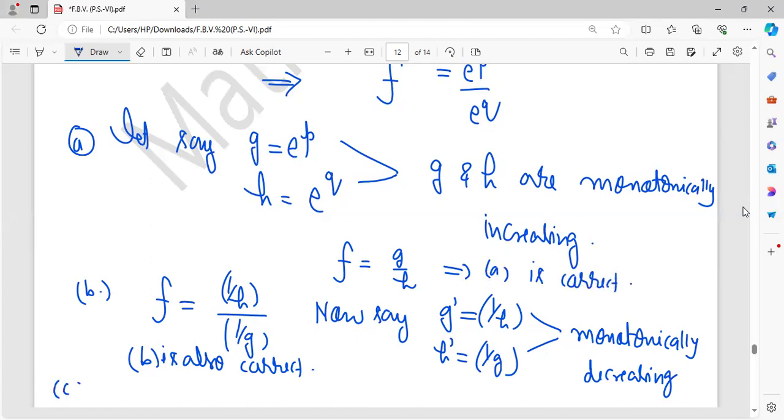Now, what about C option? So I can write f is equal to g into h dash. Okay. So g is monotonically increasing.